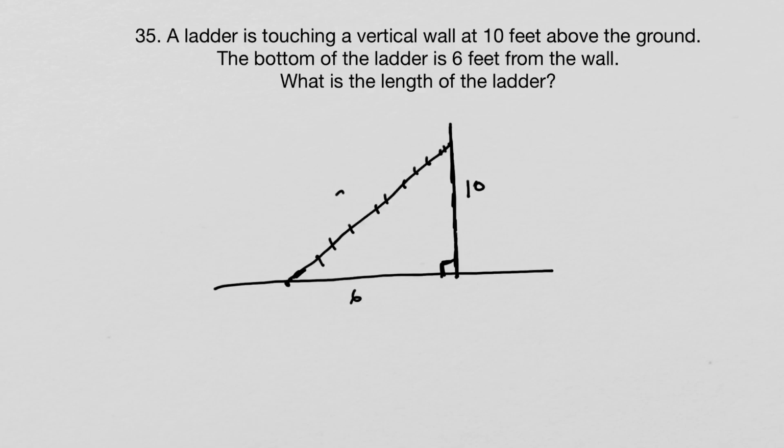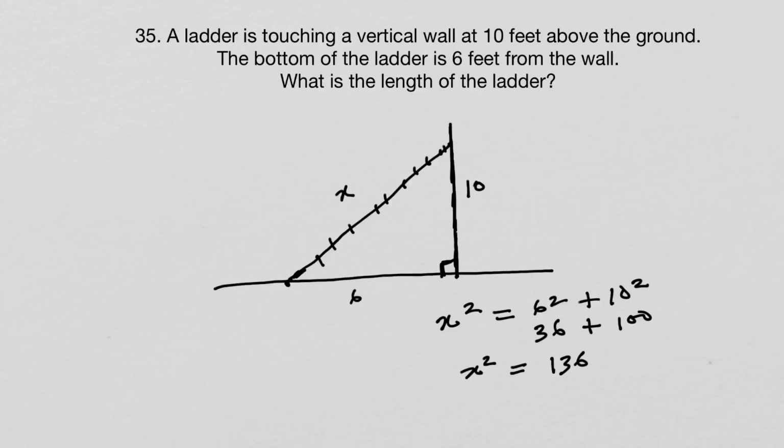Let's call this side x. x squared equals 6 squared plus 10 squared. 6 squared is 36, and 10 squared is 100. 36 plus 100 is 136.